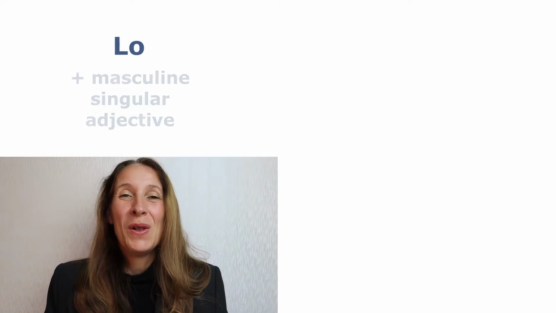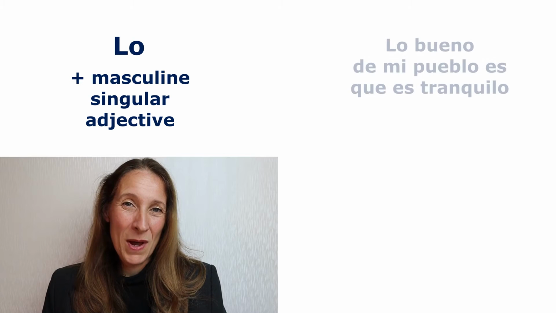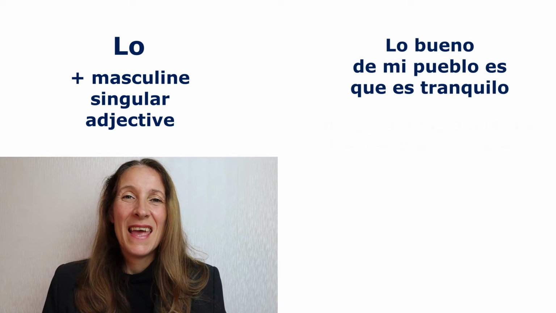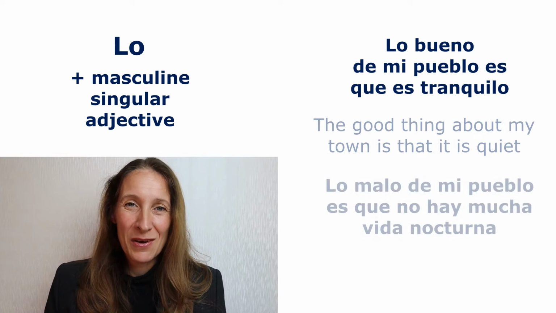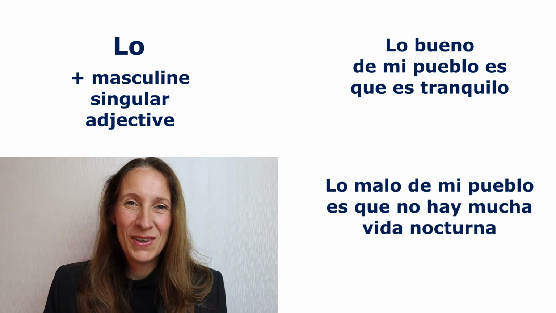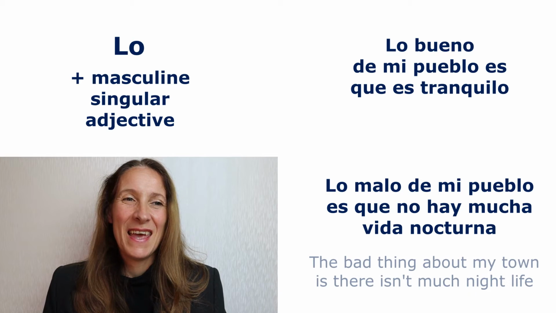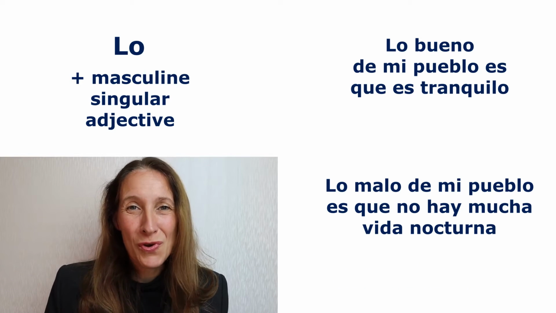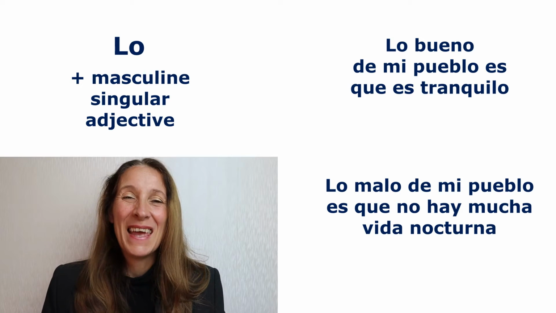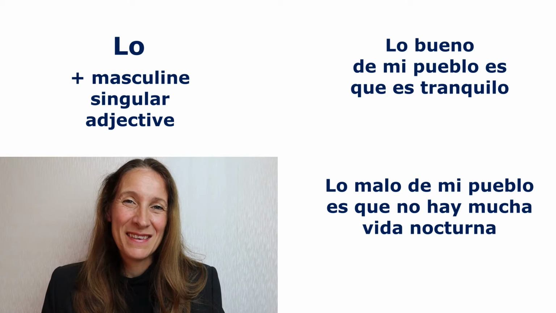¿Ok? Lo bueno de mi pueblo es que es tranquilo. Y lo malo de mi pueblo es que no hay mucha vida nocturna. Okay, try to translate those two sentences now.